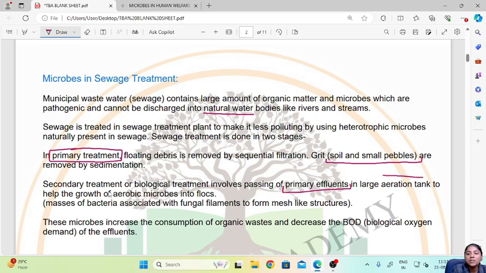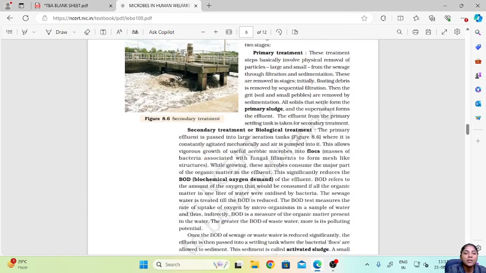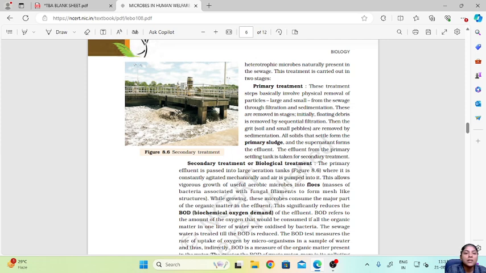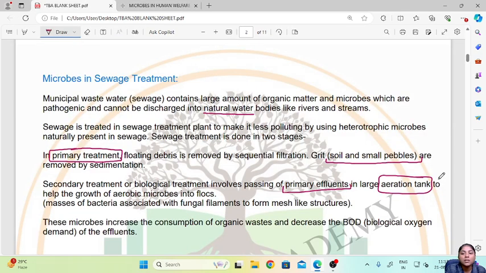Aeration tanks means in the sewage treatment plant there are large aeration tanks where the water is pumped with a lot of oxygen or air. So aeration tanks help the growth of aerobic microbes into flocks.